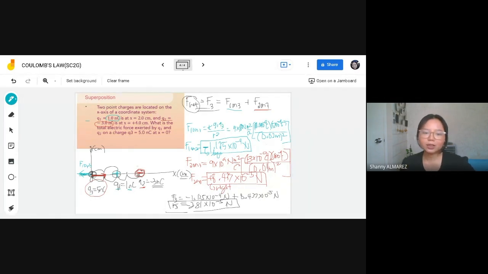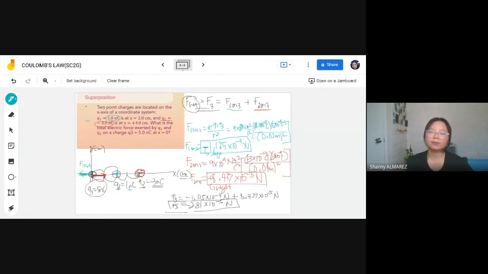At this point, some reminders, things you need to remember. First is to double check the units. Are they in standard units? If not, you have to convert. Second, your illustration will be very useful in predicting the correct answer as well as double checking or verifying whether your answer is indeed correct.